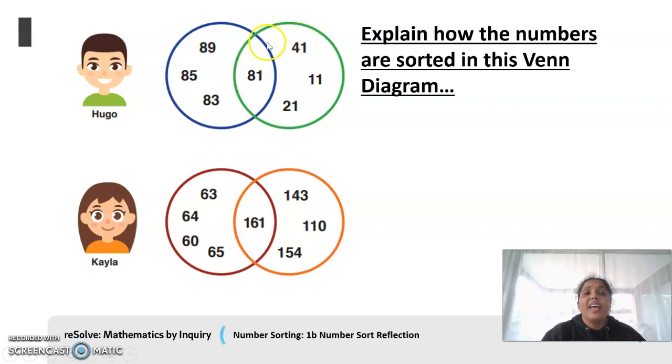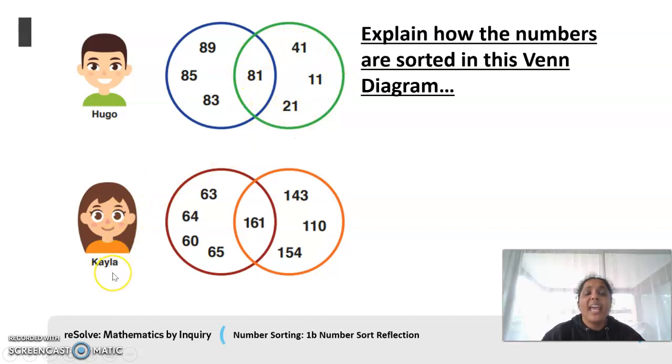So they have put numbers like 89, 85, 83 because it has a similarity where 8 represents 8 tens in all of these numbers. What do you think is the commonality or similarity on the right-hand side of the Venn diagram? Have a look at the ones for a clue.